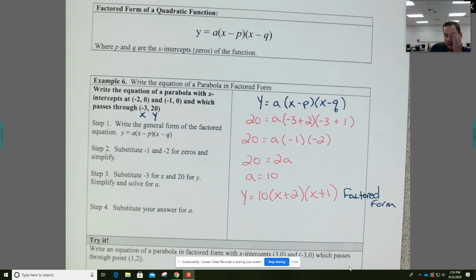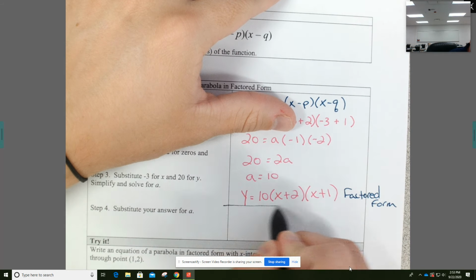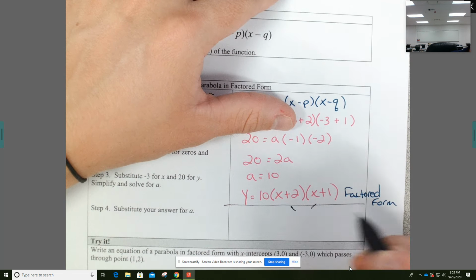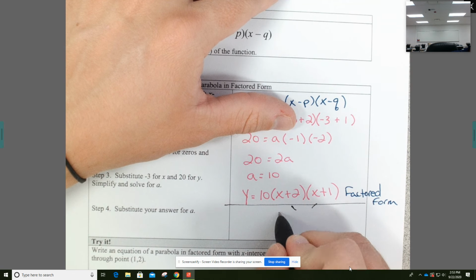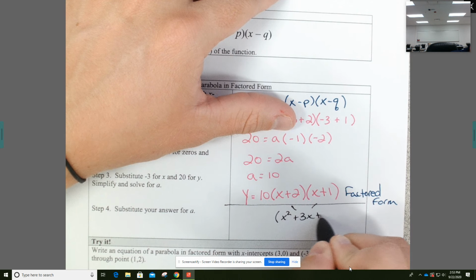Now, sometimes, and on this problem they didn't ask you, but sometimes they may ask you to go to standard form. So the way we're going to get to standard form is to multiply it out. Okay, so below this line right here, I'm going to do the standard form. To get to standard, you go ahead and FOIL first. So when we FOIL this out, we're going to have x squared plus 3x plus 2.